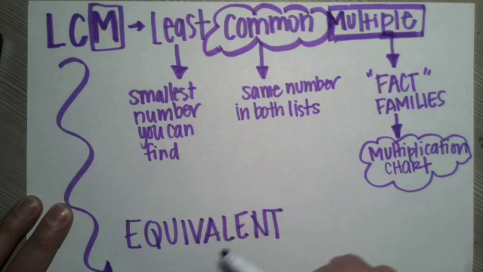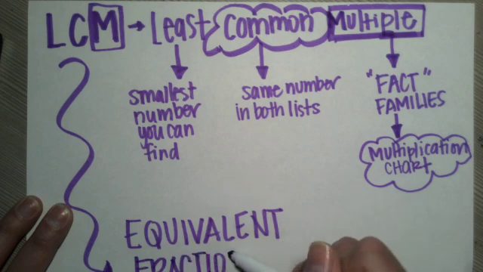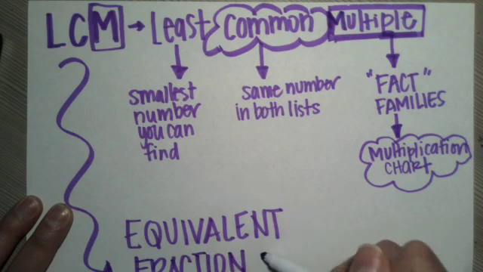So I tell my kids that the denominators are like fruit, apples and oranges. You either have to have all apples or all oranges. And if you have an apple and an orange, then you're going to have to convert them to orples. And orples is a combo of the two, which is kind of what we do when we look for a least common multiple. So equivalent fractions, or as I tell my kids, we're looking for orples.